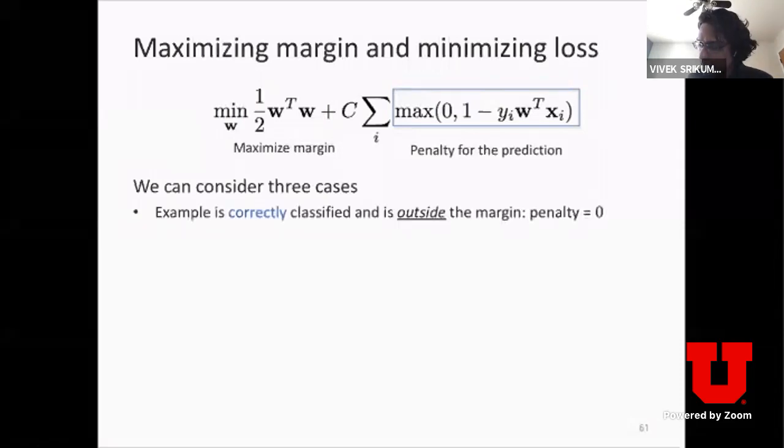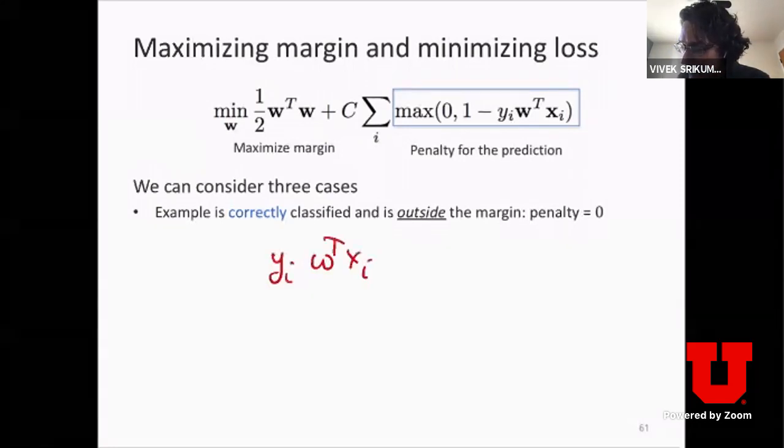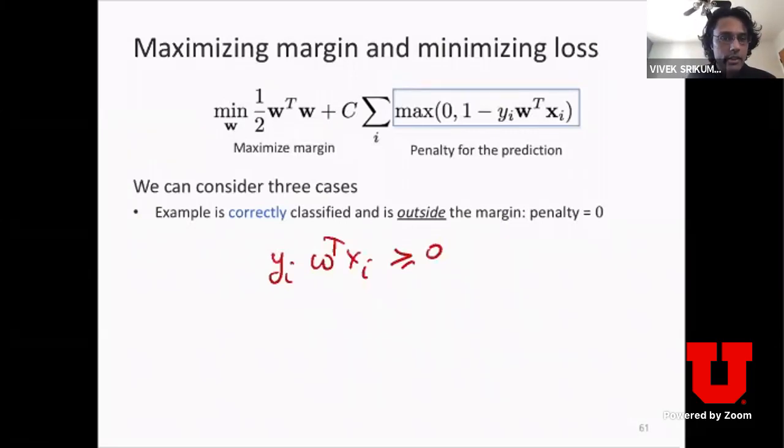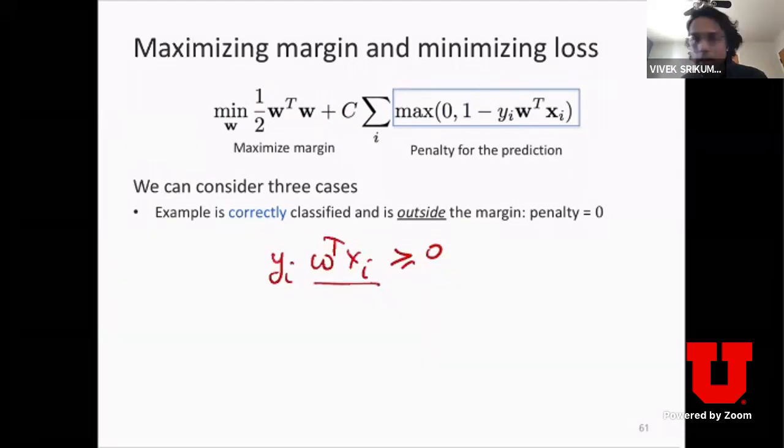The first case is if the example is classified correctly and it's outside the margin. What that means is if the example is classified correctly, then yi w transpose xi is greater than or equal to 0. This is the thing that we have seen for all linear classifiers for any scoring function. If you have a score of w transpose x, if it's positive and yi is positive, this product is positive.